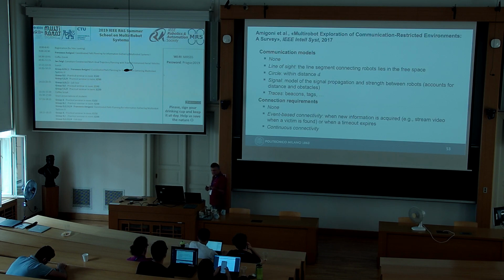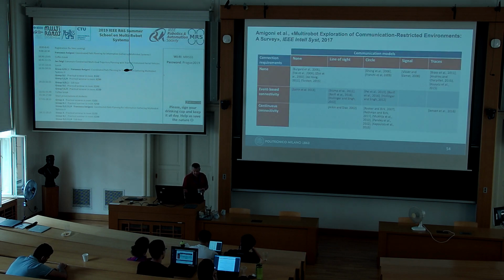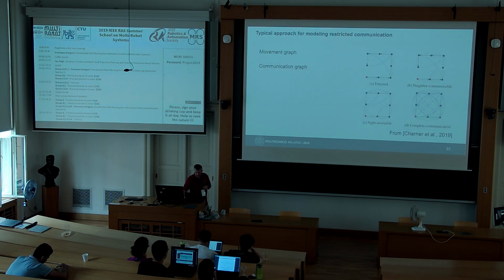So when they discover something, as we have just seen in the case of the victims, or after some timeout, so this is called periodic reconnection, okay? After 3 seconds, we need to reconnect, okay? We can stay disconnected, but after 3 seconds, or after 30 seconds, or after something, we have to reconnect. Okay, so yeah, this is a classification of some works. I will go fast on this.